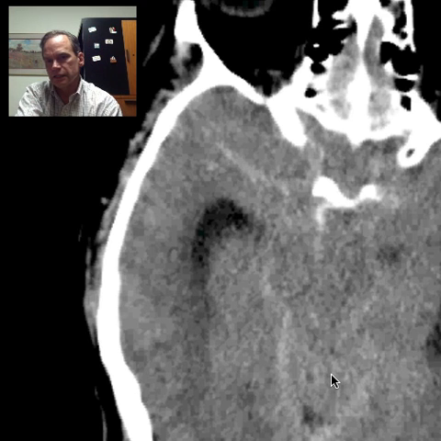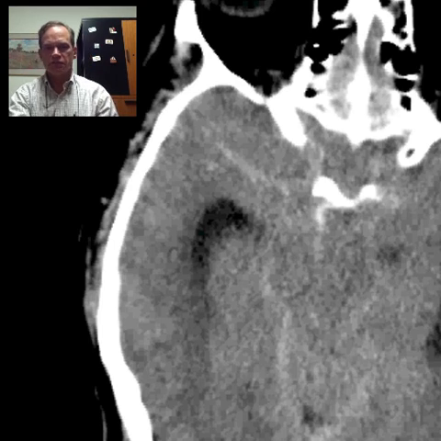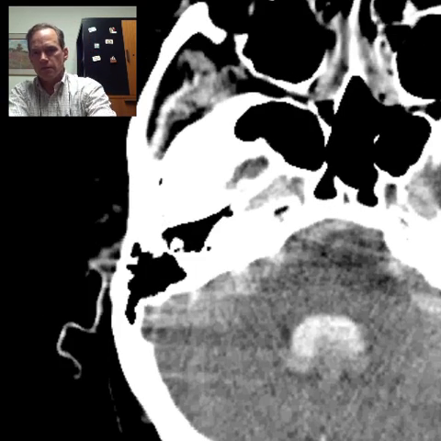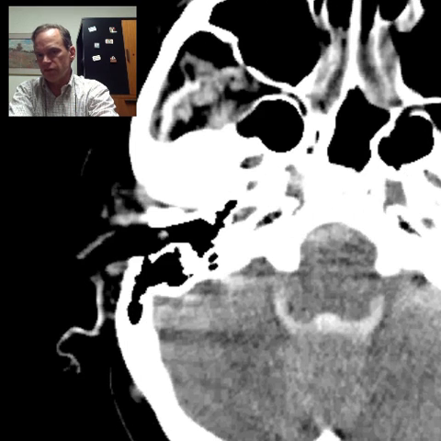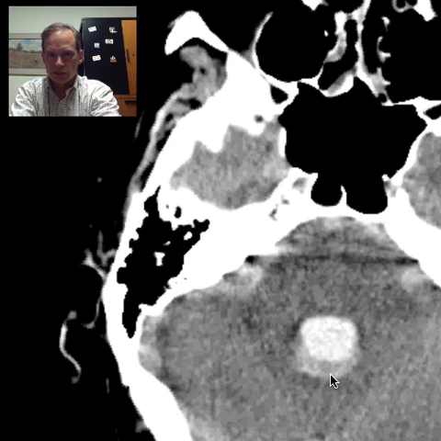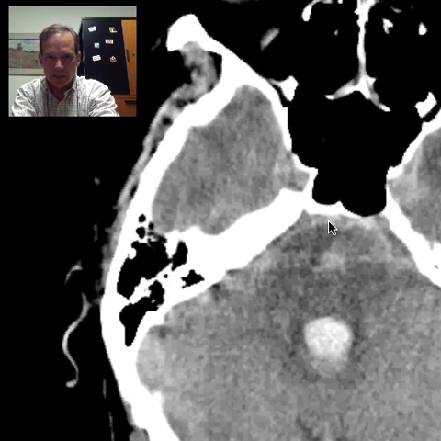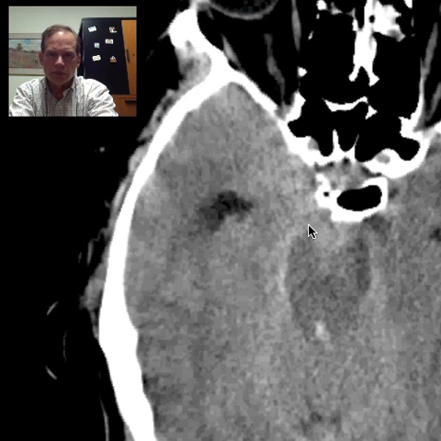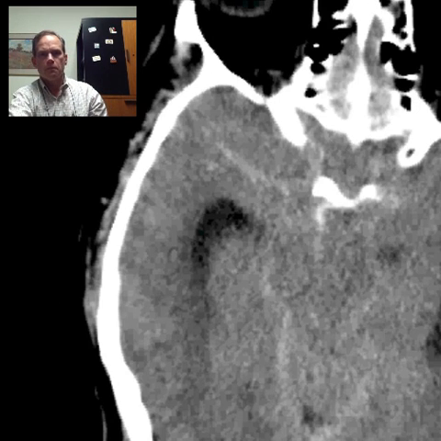But in this case, we also have a mass effect in the posterior fossa because of this blood in the fourth ventricle, which is not a huge amount, but there's also subarachnoid blood in the prepontine cistern and in the intrapeduncular cistern.